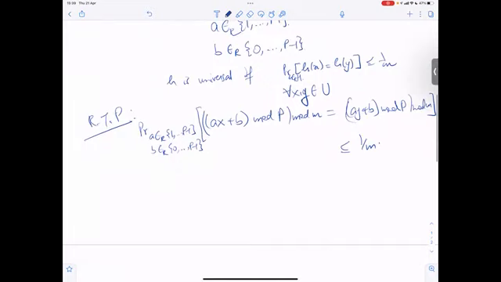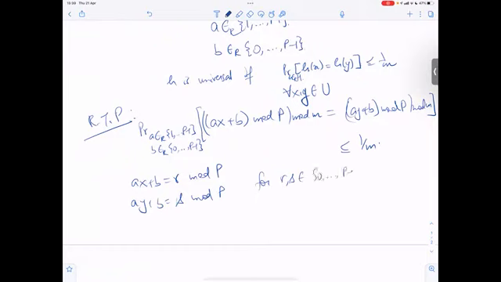Correct? So the crucial observation is, if you ignore the mod M part first, let us just look at AX plus B equal to R mod P and AY plus B equal to S mod P, for R, S belonging to 0 through P minus 1.